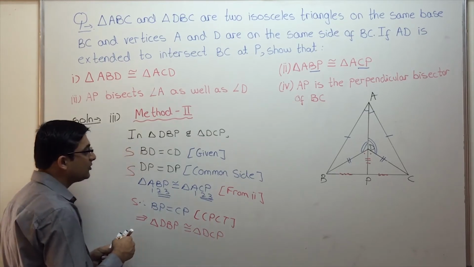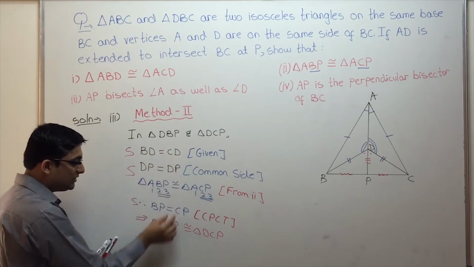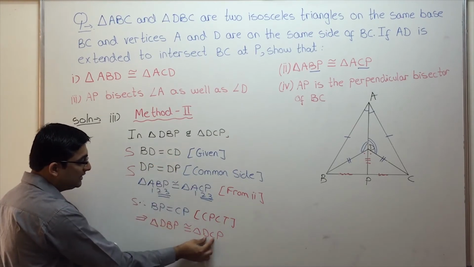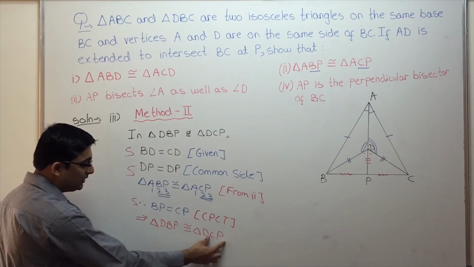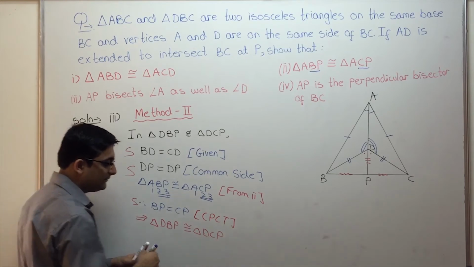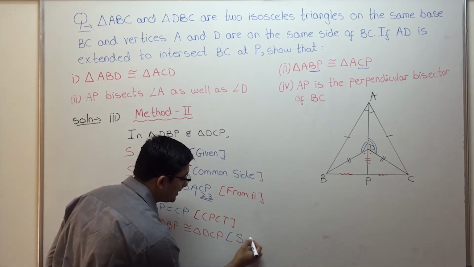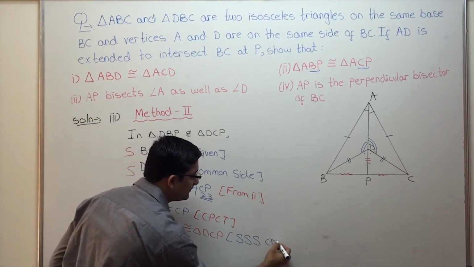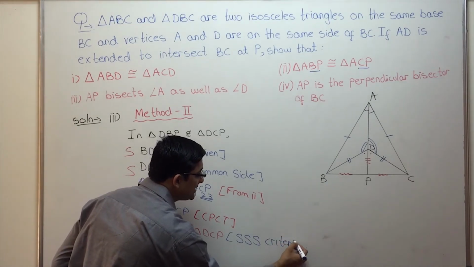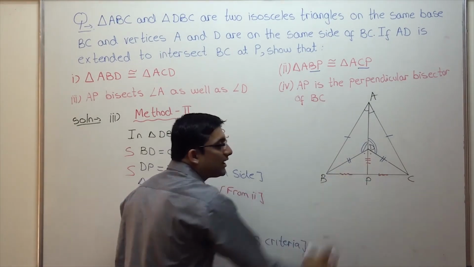We can verify the congruent statement. BD is equal to CD, DP is equal to DP, and BP is equal to CP. What is the criteria we've used? SSS criteria. So using SSS criteria, we have shown these two triangles to be congruent.